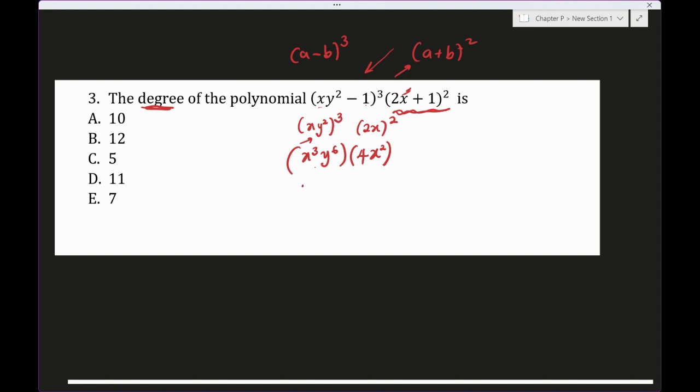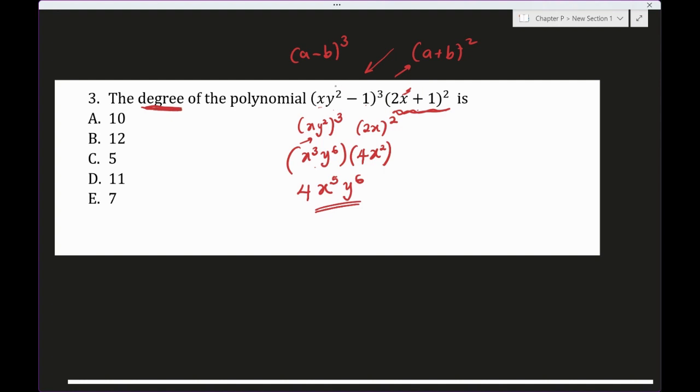Now let's do this multiplication together. This will just give us 4x to the power 3 plus 2, so you have x to the power 5 and y to the power 6. This will be the leading term of this expansion. So you don't have to expand everything, because you are looking for the degree.